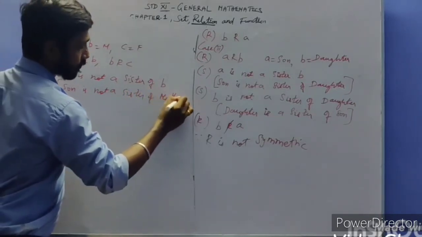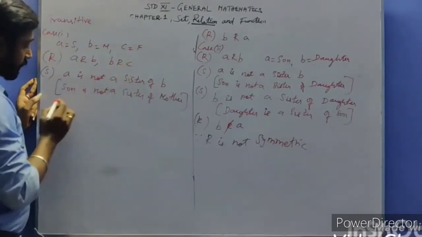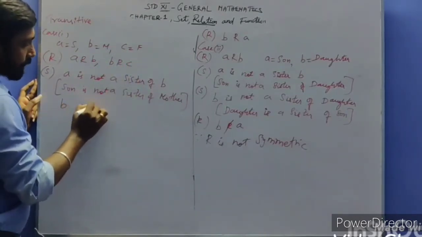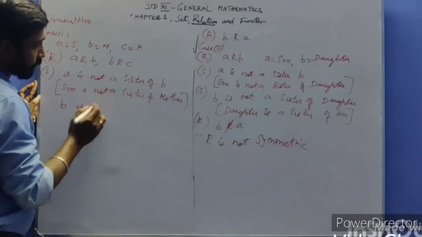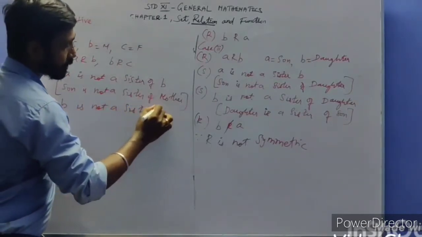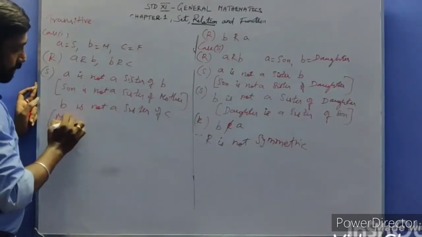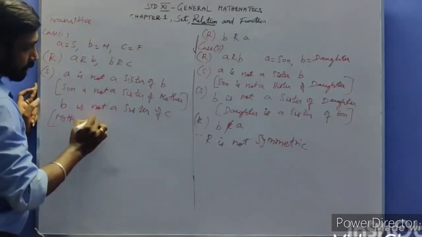The next statement, B is related to C. That means B is not a sister of C. The example, B will be mother.